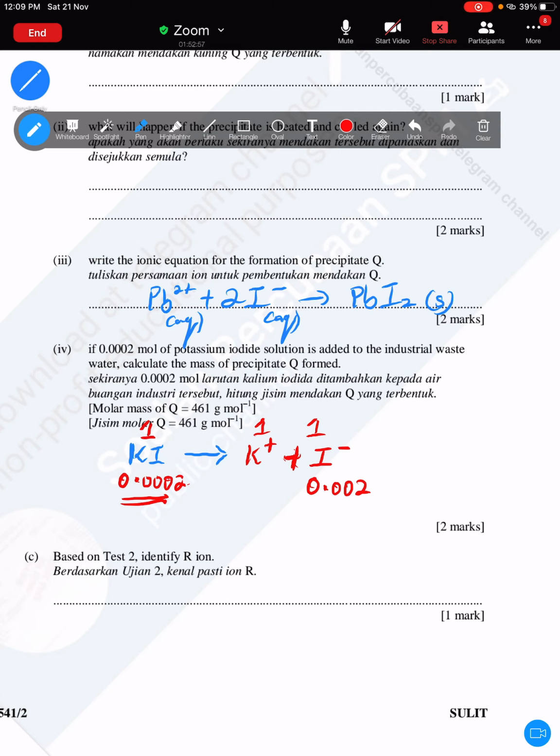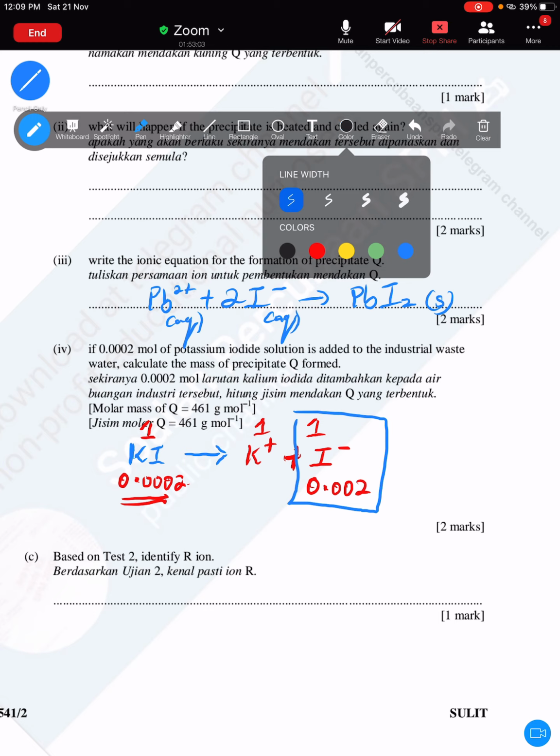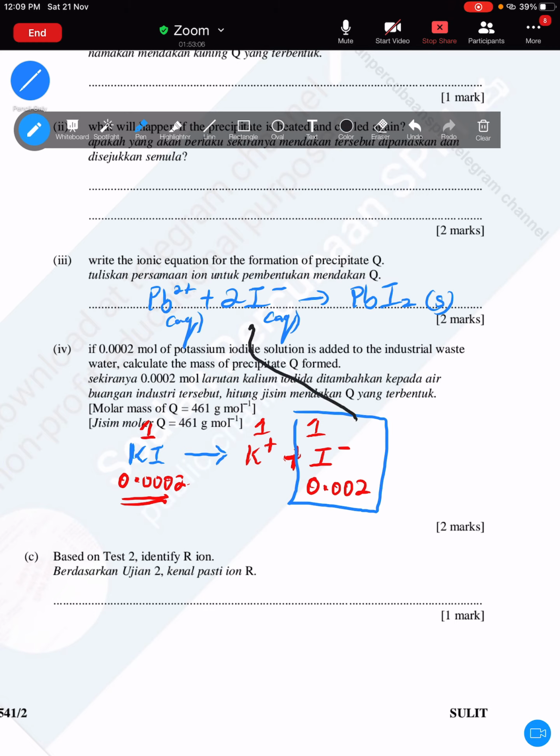Now, you're going to relate this to here, because you are going to calculate this mass. Look at the ratio.